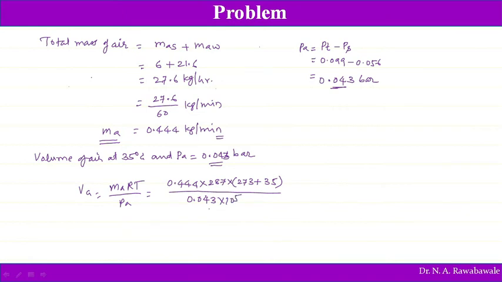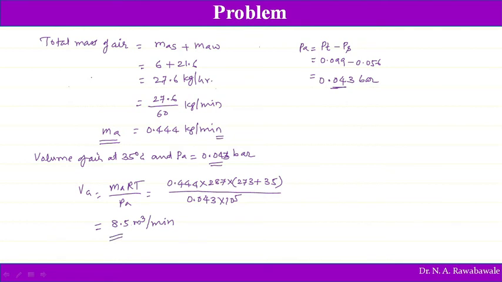This must be in Newton per meter square. So this will be 8.5 meter cube per minute. So the volume of air which is taken is 8.5 meter cube per minute.